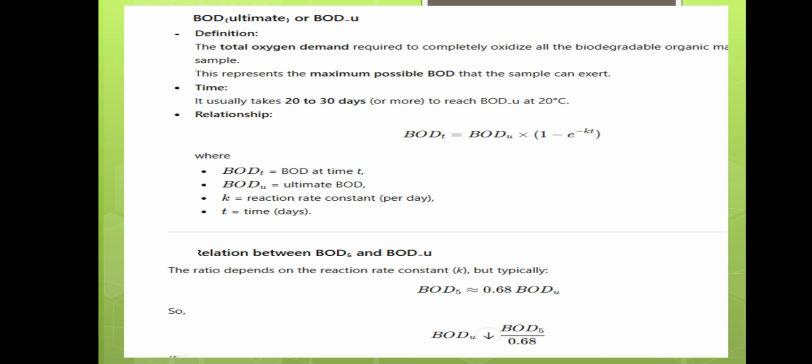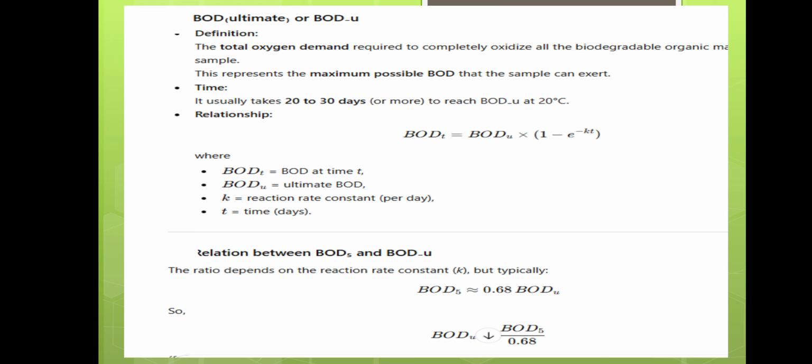So in case of BOD5, 68% of the organic compound gets decomposed, and in case of BOD ultimate, the total amount of organic matter gets decomposed. That can be termed as BODU or BODT. So T can be 10, T can be 20. Okay, so that can be anything.